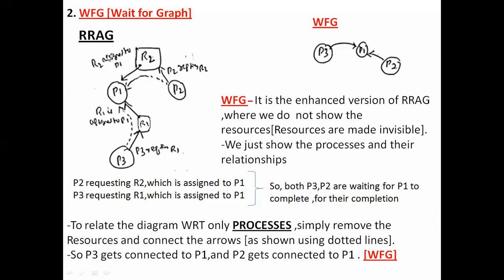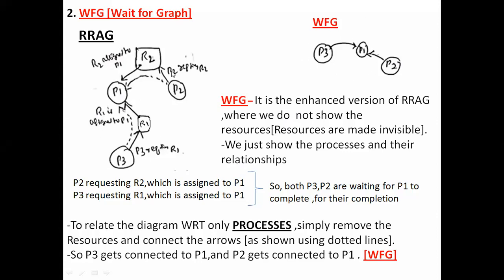In RRAG we show the resources as well as the processes, but in the wait for graph we just show the processes and their relationships. You can see here that only the processes P1, P2, and P3 exist in the system along with their relationships. No resource is shown in the wait for graph.